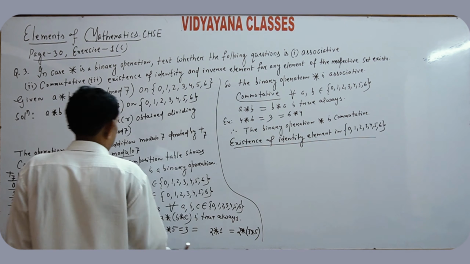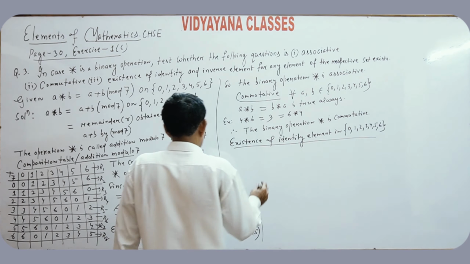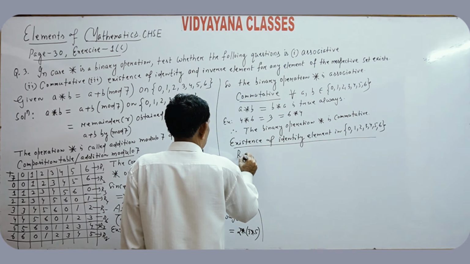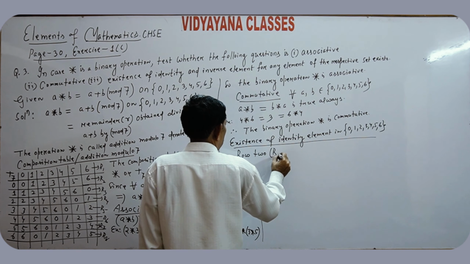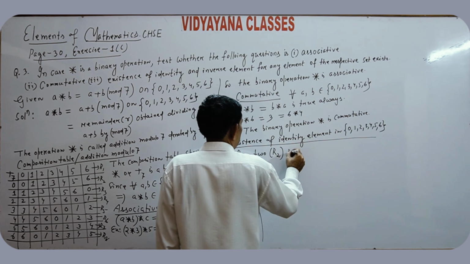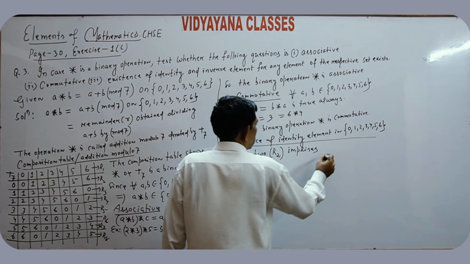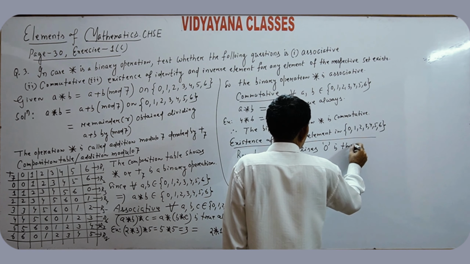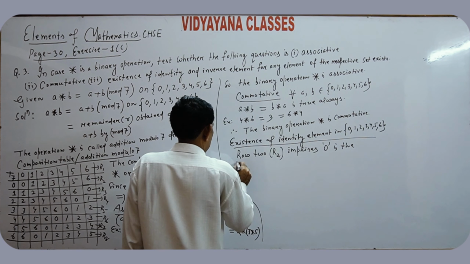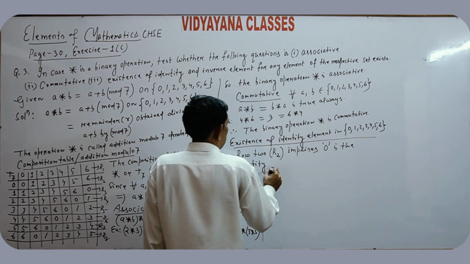Row 2 implies, denoted by R2, implies 0 is the identity element.